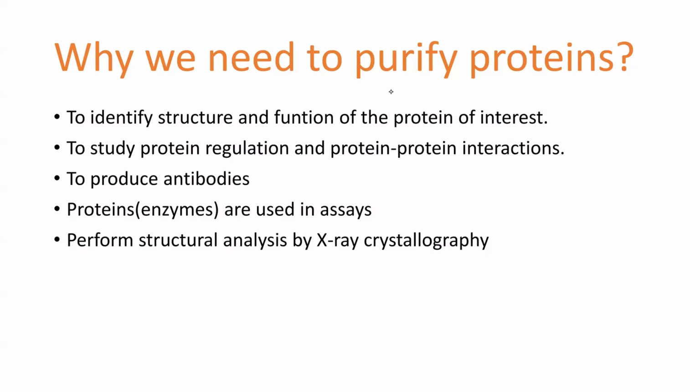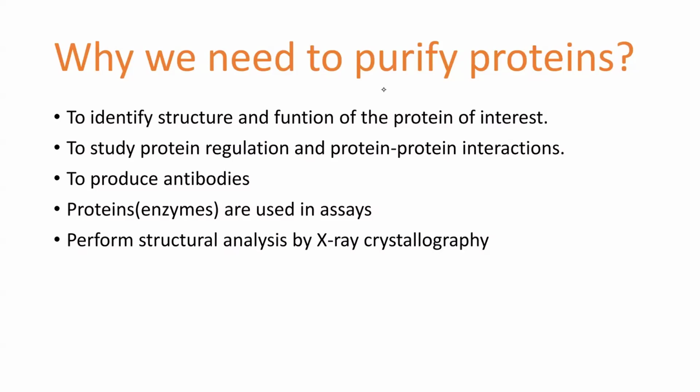And second, to study protein regulation and protein-protein interactions. For example, if you isolate a protein, you will be able to know the protein regulation, that is, what it controls and what activities it does in that particular cell. Does it actually control a particular pathway?